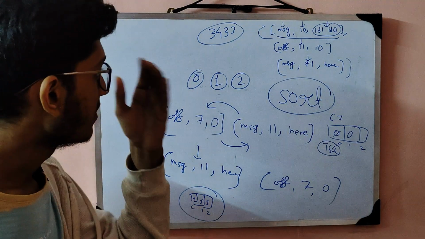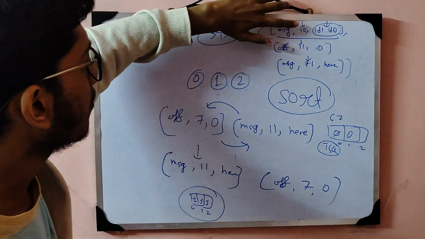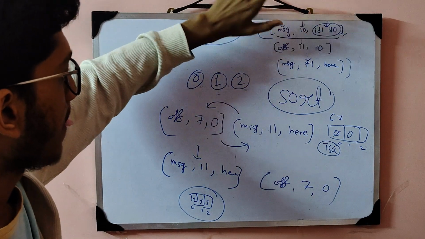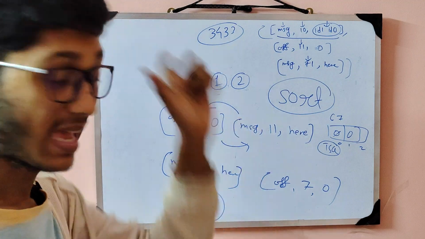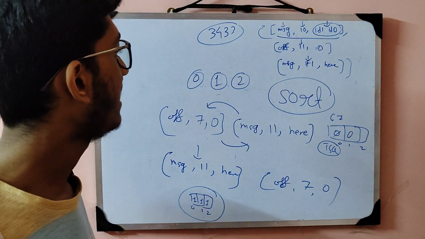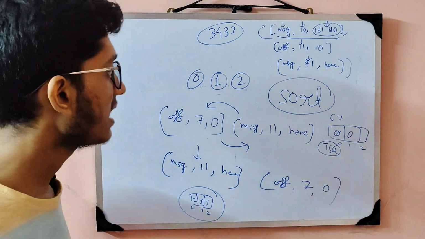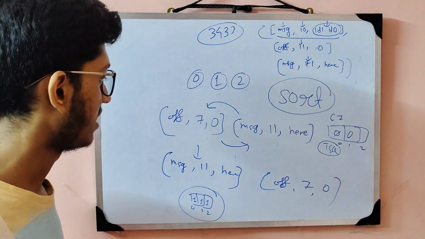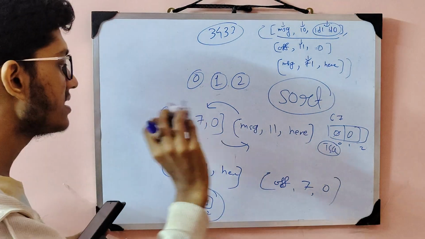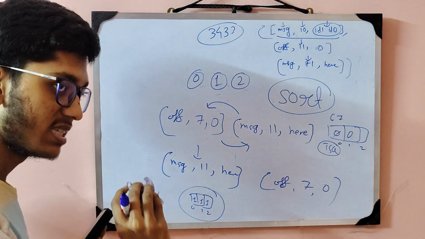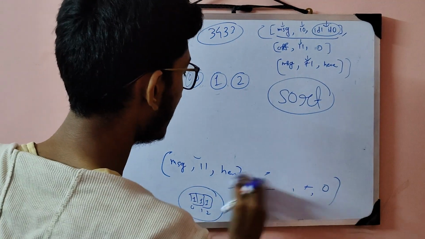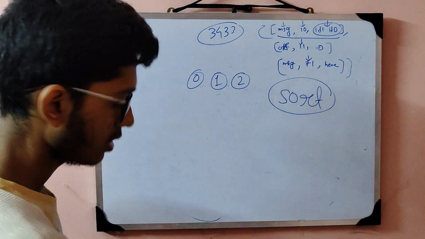We will sort it according to the timestamp, in increasing order. This is absolutely clear. But if the timestamps are equal, then what do you need to do? Let's take that example also.